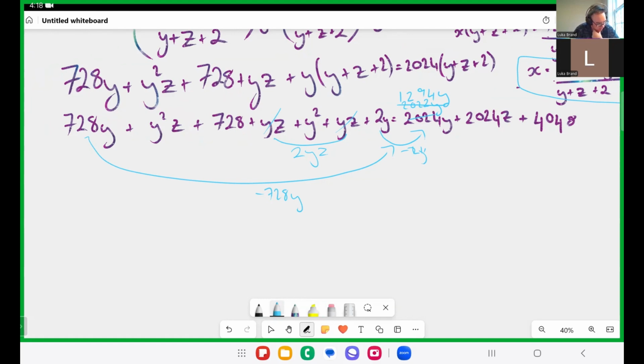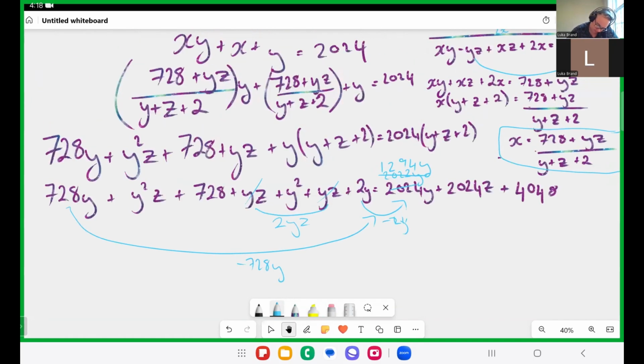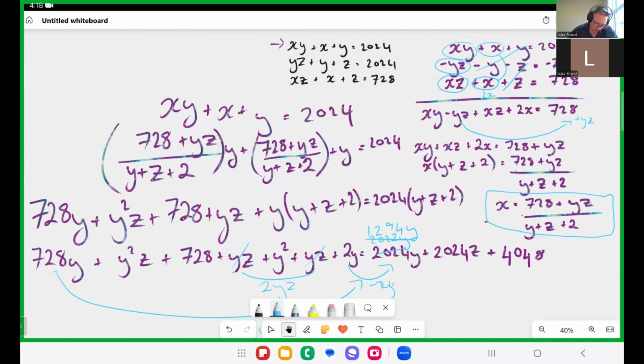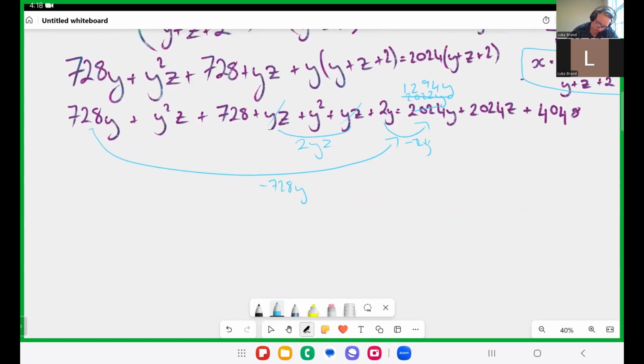Why does this feel wrong? Because I did it slightly differently on my own paper. That is okay. This is going to be minus 728. And that's going to become 3320.